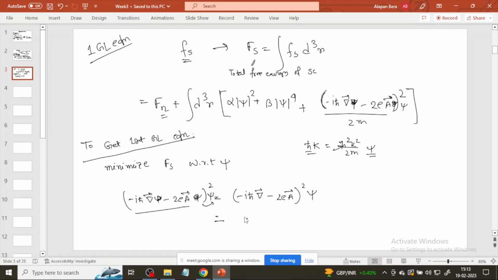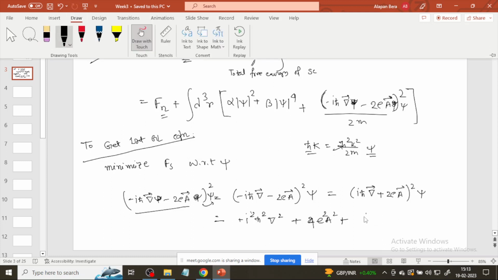So this becomes i² ħ² delta² plus 4e²A², plus also the cross term, which is basically 2iħe. So let's write this term explicitly again.